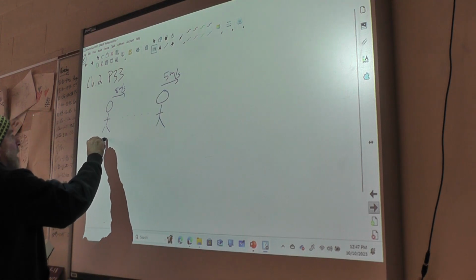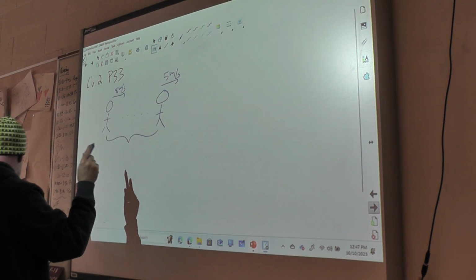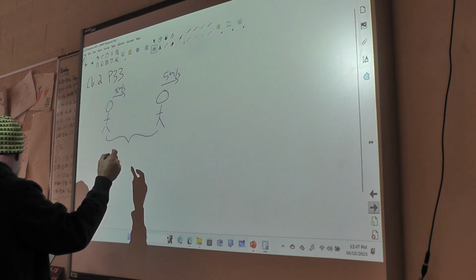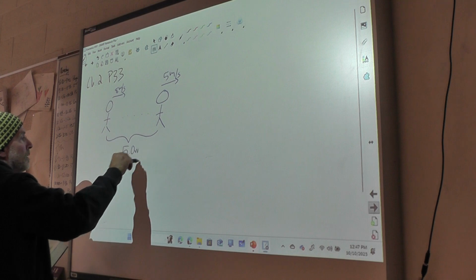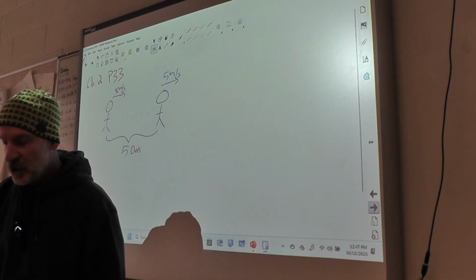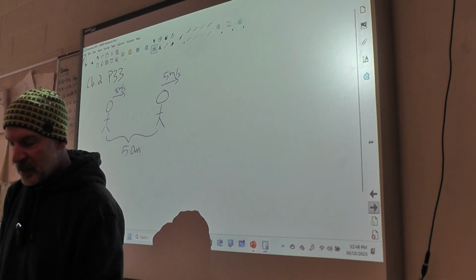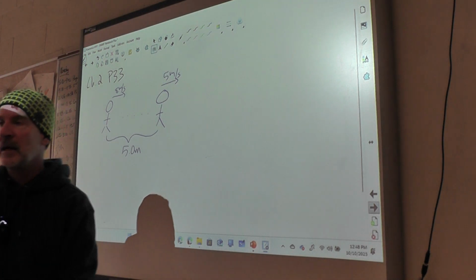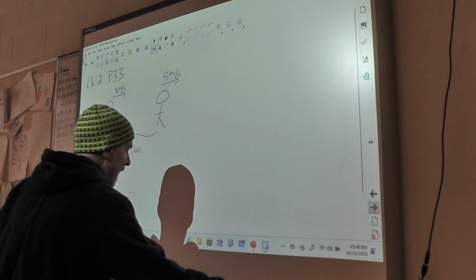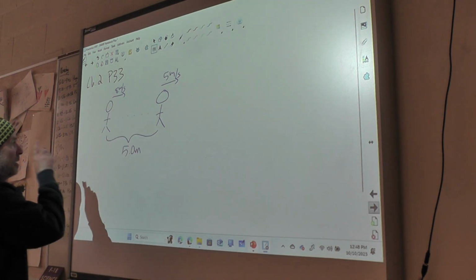That motion happens over a distance of 5 meters. Okay? And the question is, what is her acceleration? In fact, the question is, what is the magnitude of her acceleration? We'll come back to that in just a second. So the magnitude of her acceleration is what we're trying to find.